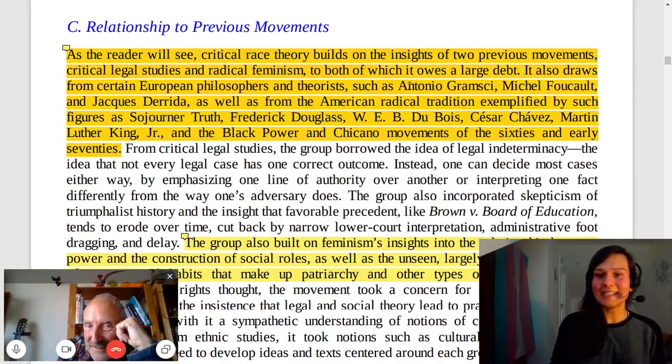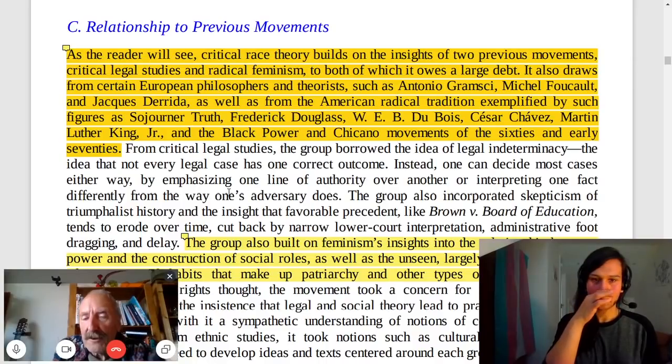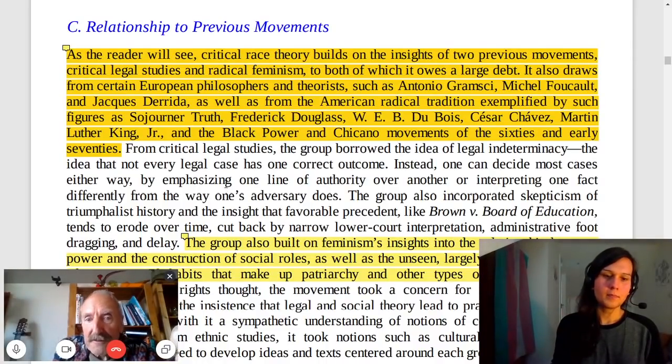But my point is, they drop these names. They don't really say how they've contributed or in what meaningful way. And I feel like what purpose does this serve if you're not saying why and what Antonio Gramsci, Michel Foucault, Sojourner Truth contributed? Maybe they'll say later. It's a talisman: you're not meant to ask what they contributed. You're just meant to see the names there.